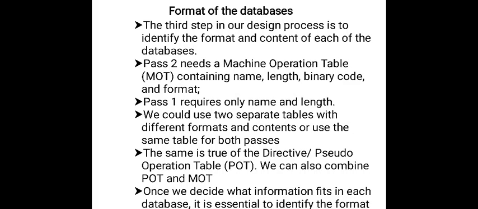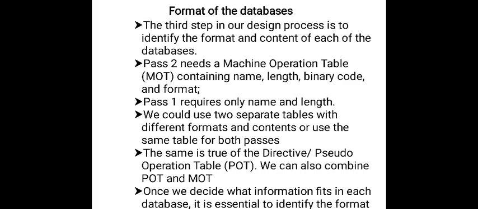In the previous class you have learned what an assembler is and how data structures are used in an assembler. While discussing the data structures used in designing an assembler, we came to know that the database design uses a format. This database format is the third and very crucial step in our design process.